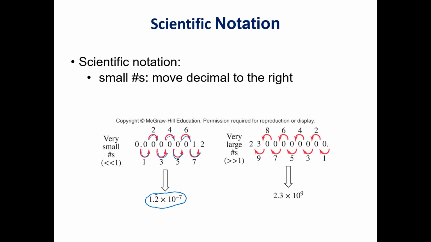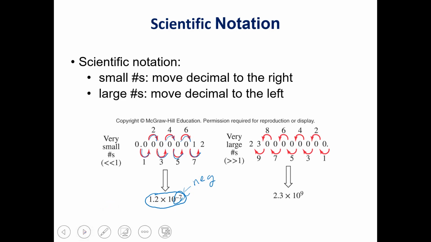Only one non-zero number. So then we're left with 1.2. Since we moved 7 places, we have a 7. And because this is a really small number and we moved our decimal to the right, the exponent is negative.